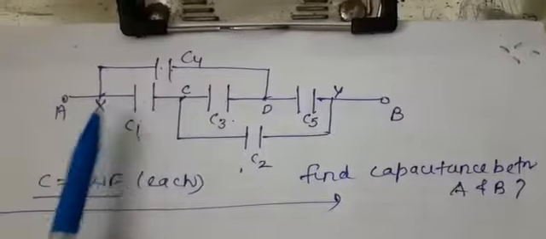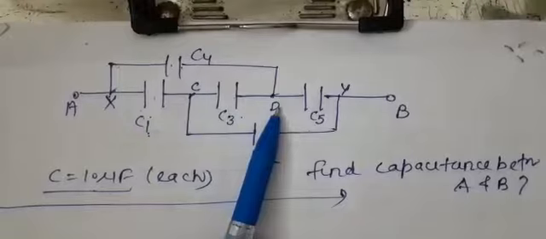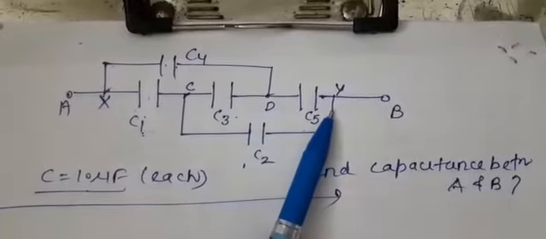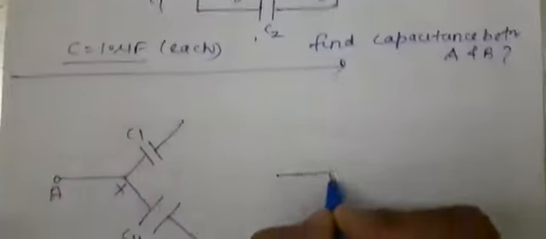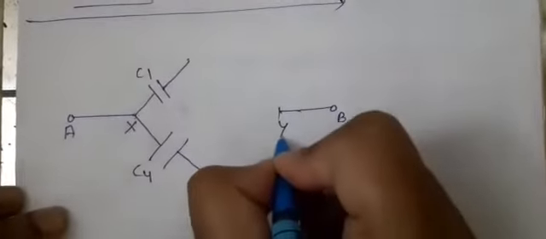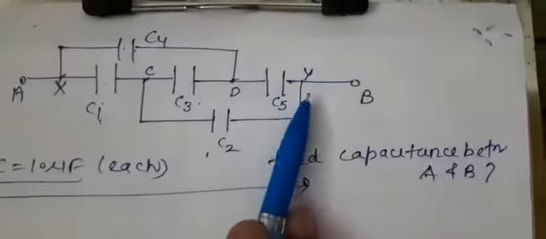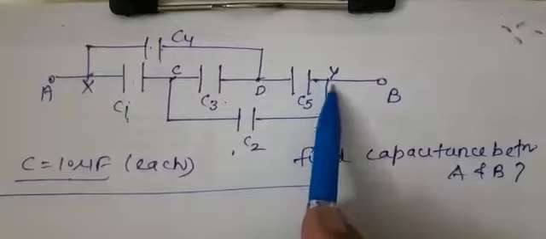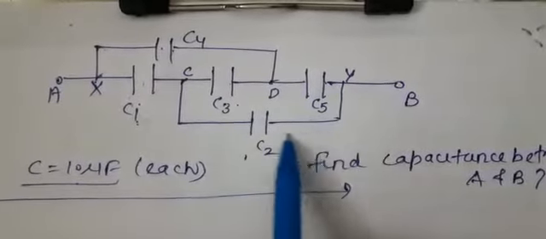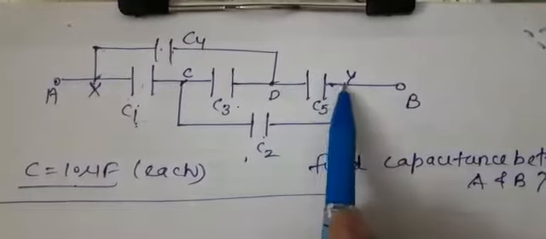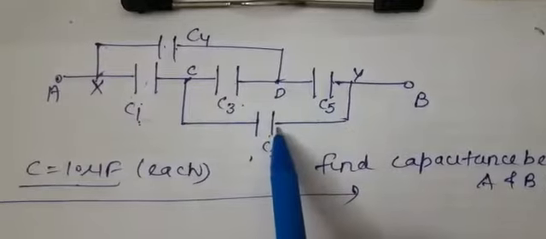Now after this, C4 is connected to point D. Here B is connected to Y. Let me take this B point connected to Y. Now the Y point is connected to one plate of C5 and the other plate of C2. Y is common between one plate of C5 and one plate of C2.